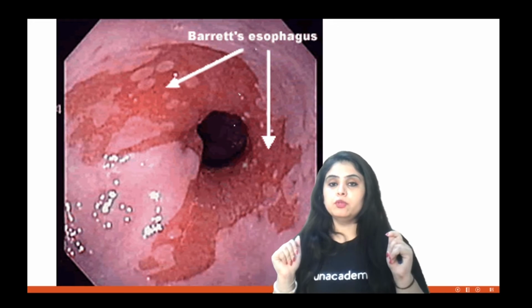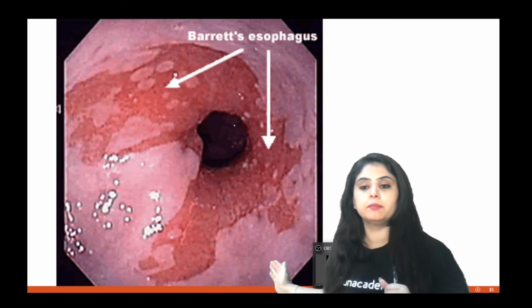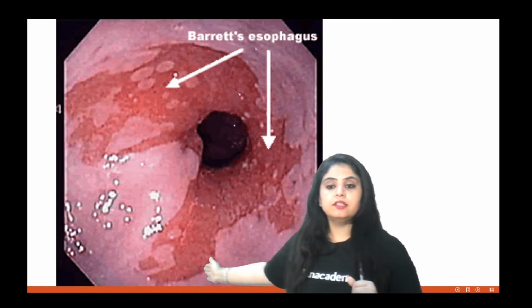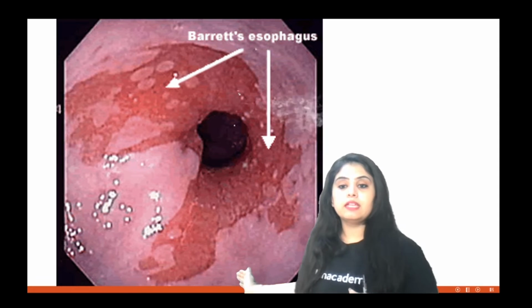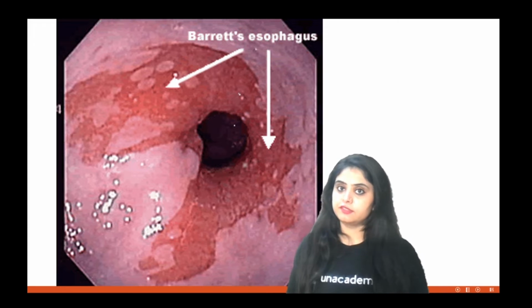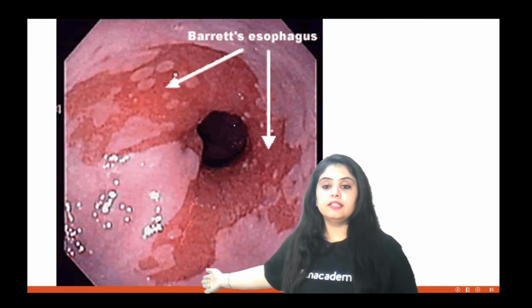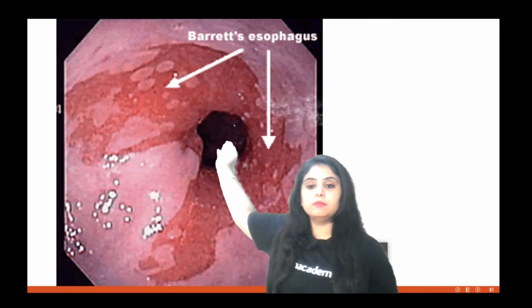This is an endoscopic view, and very clearly you have two colors that you appreciate. One is this pale pink color and the other is this nice red velvety color. This pale pink color is the normal squamous epithelium of the esophagus, which all of us have. And do you notice these irregular red velvety mucosa?